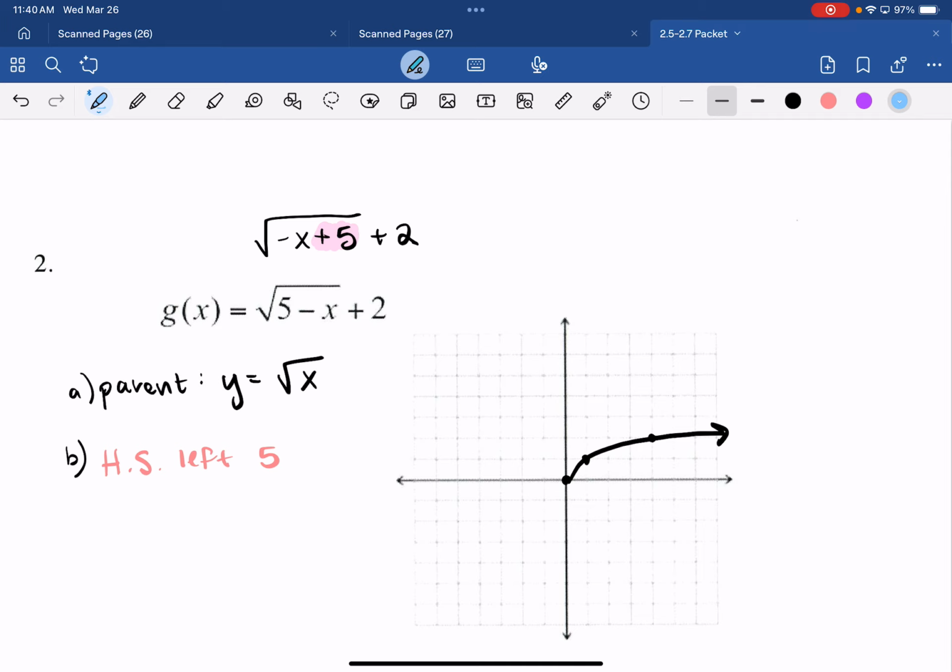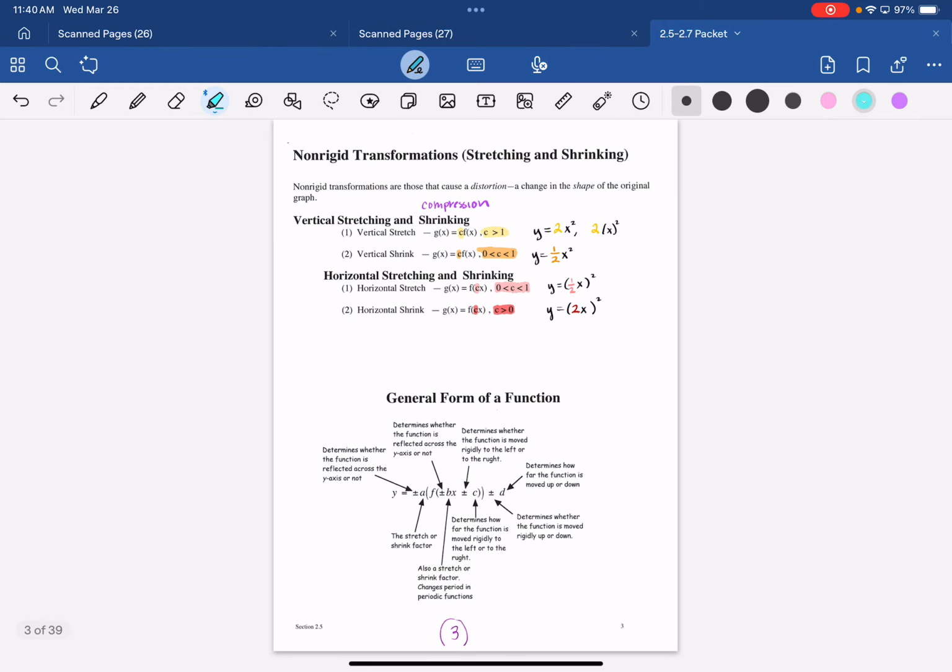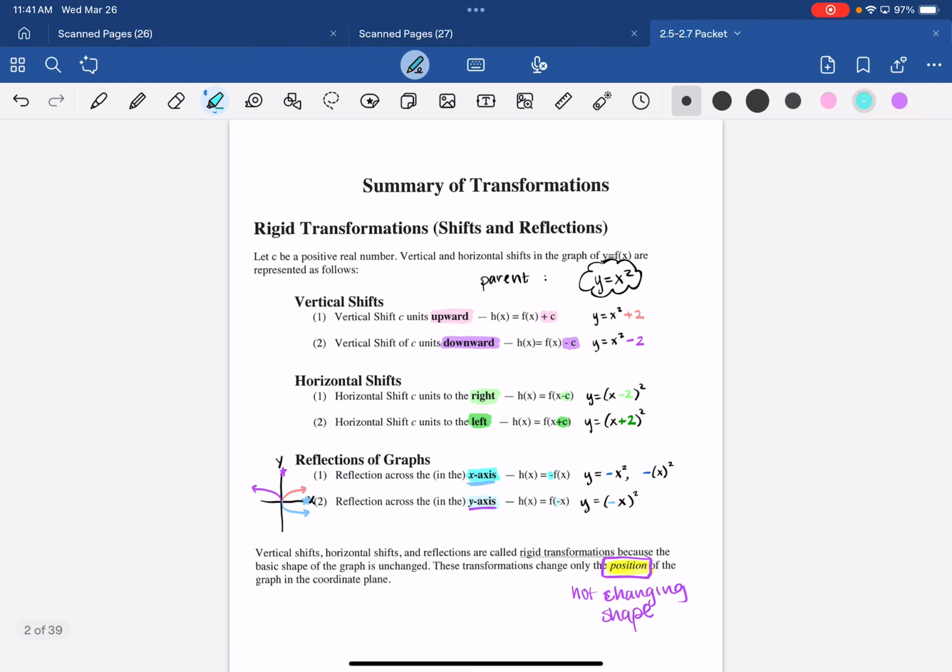Yeah. I do actually. I don't have a negative out front, but I have a negative in front of my x. Go back in your notes real quick. I'll flip backwards too. If we look back, next one.